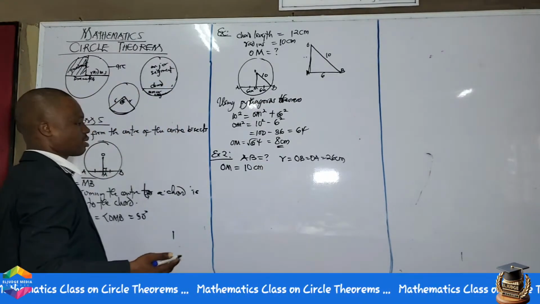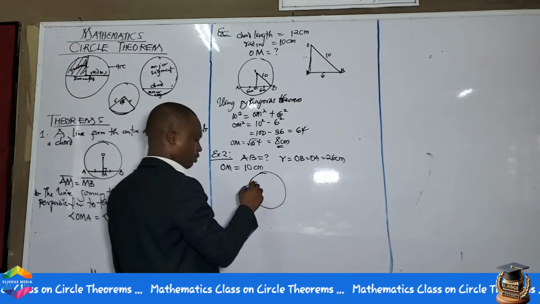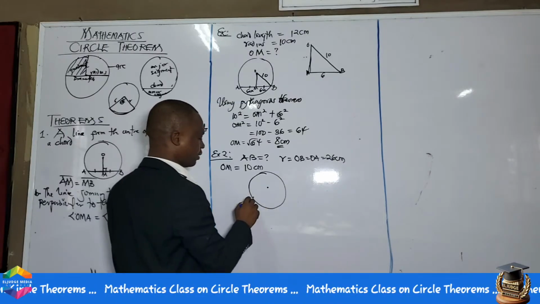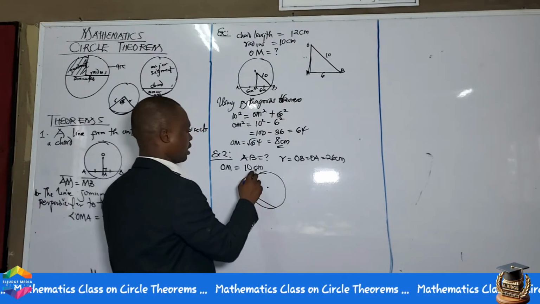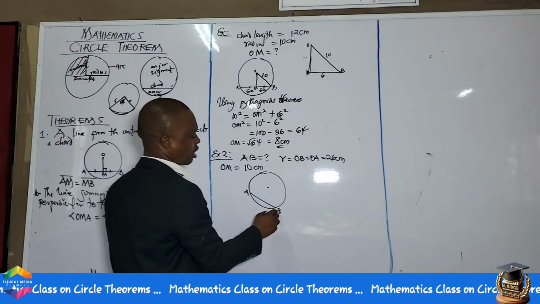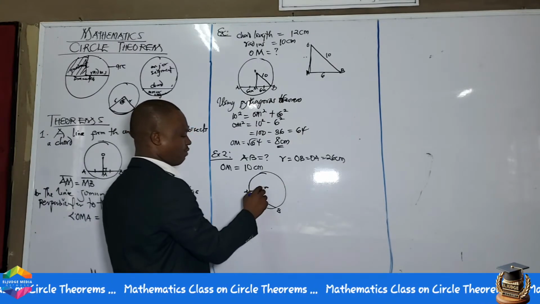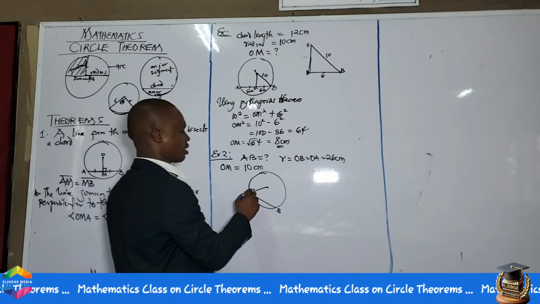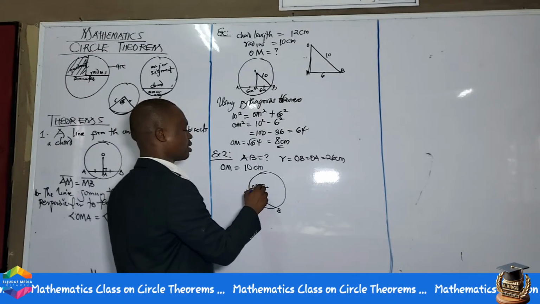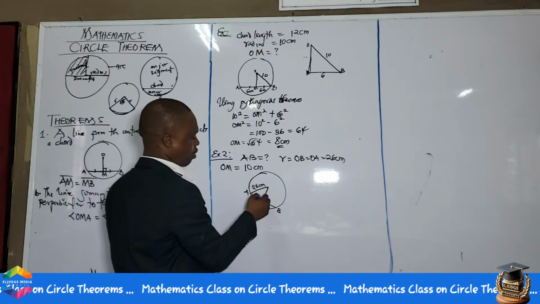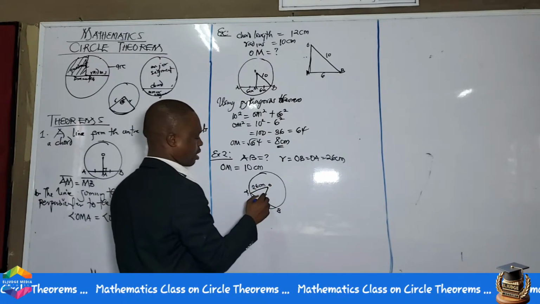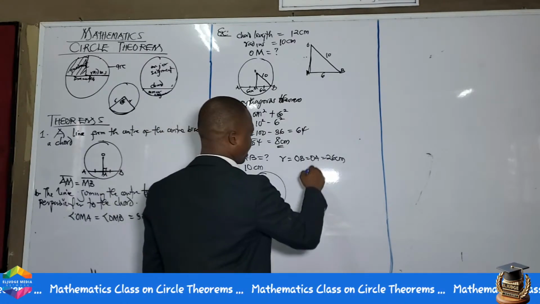In this case, we can draw the diagram so that you can understand it properly. We have this, the length AB is what we are looking for, and we have R given to us as 26 centimeters. Then this line OM is given to us as 10. So let's bring it out.